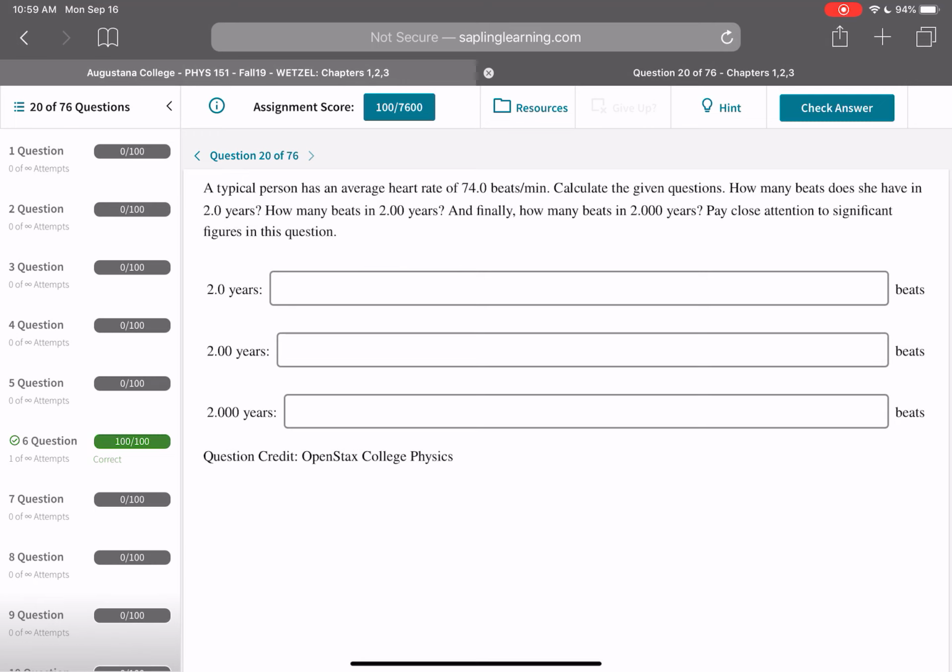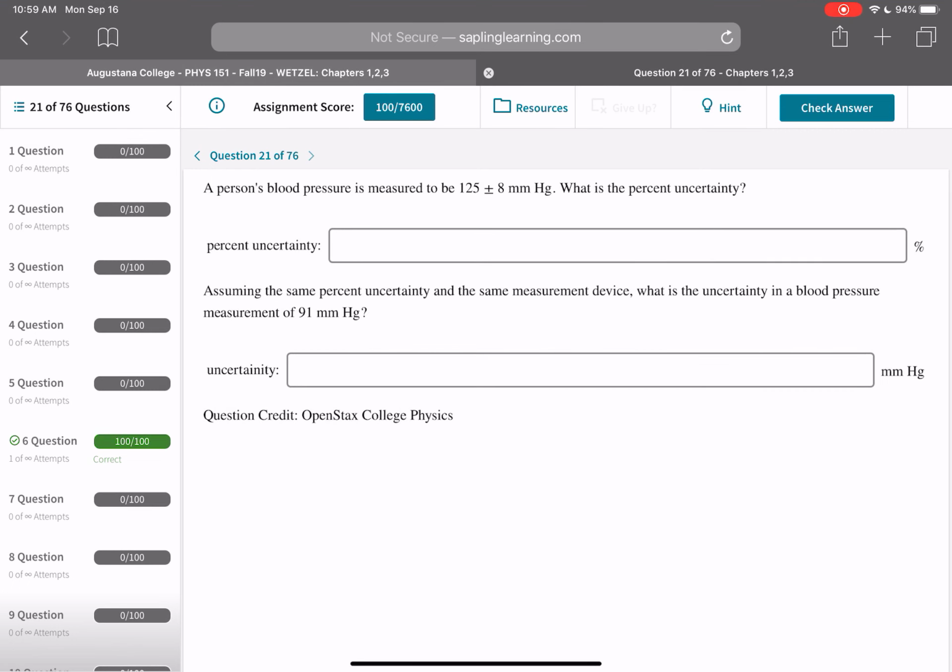So multiply that by 525,600, and that'll be that number of minutes in a year, and then divide by, to get years out of it, and you'll just keep changing the significant figures from multiplying it by 2.0, multiplied by 2.00, multiplied by 2.000. So you'll just keep 1, 2, or 3 significant figures.